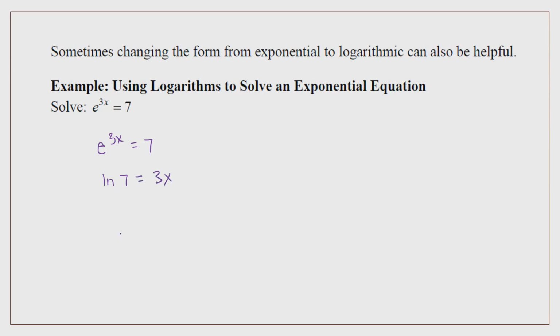Okay. So in solving for x, we divide both sides by 3. So x will equal the natural log of 7 divided by 3. If we were to enter that into our calculator, rounded to 3 decimal places, we'll get approximately 0.649. Okay, but x will equal the natural log of 7 divided by 3. Alrighty.